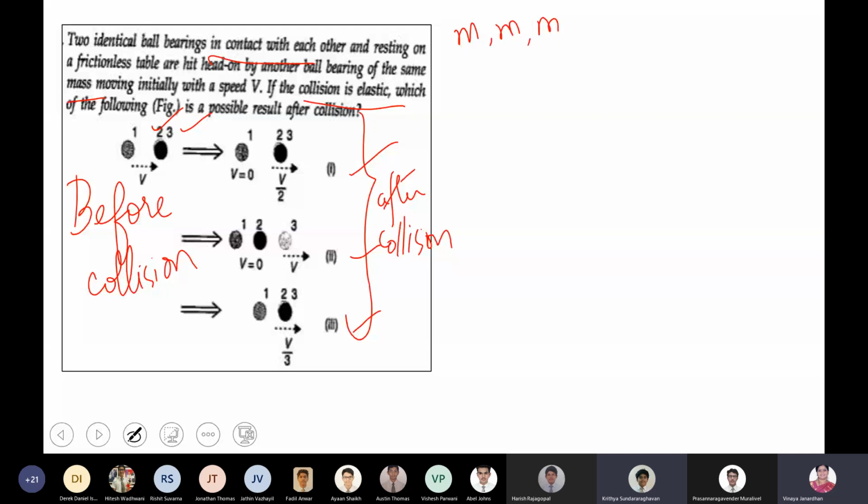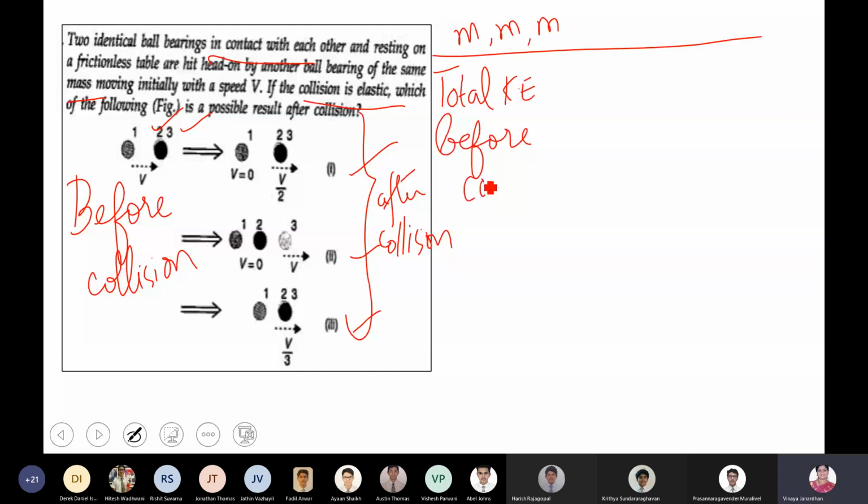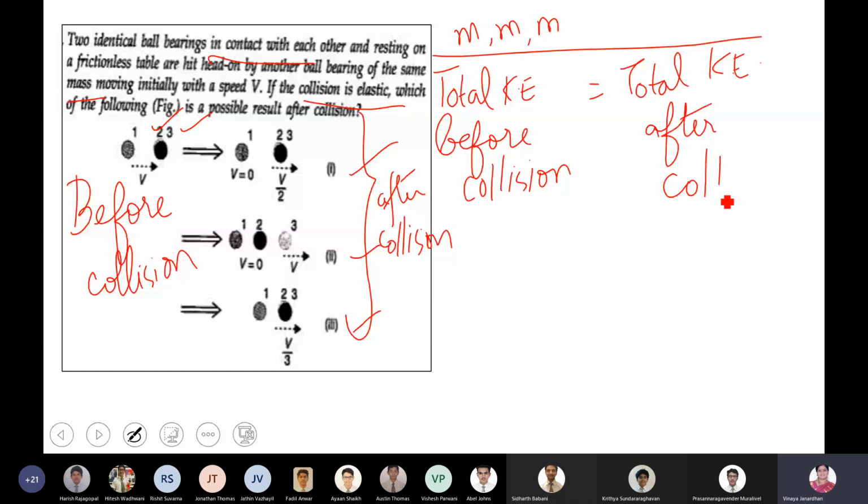According to conservation of energy, please write conservation of kinetic energy. Total kinetic energy before collision must be equal to total kinetic energy after collision. This is question 0.16 from the textbook.